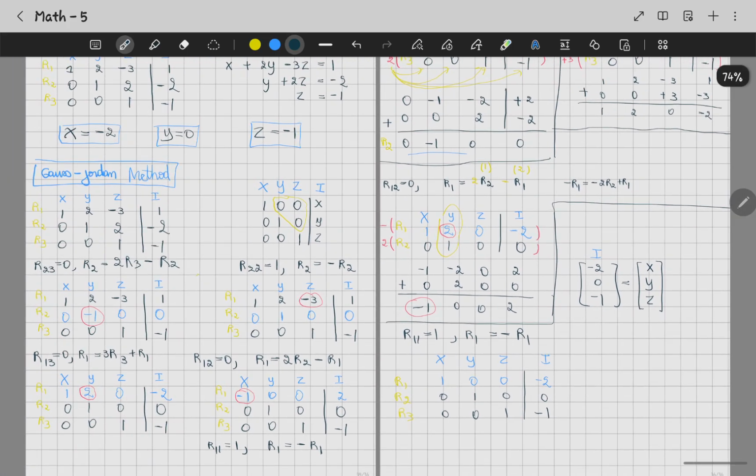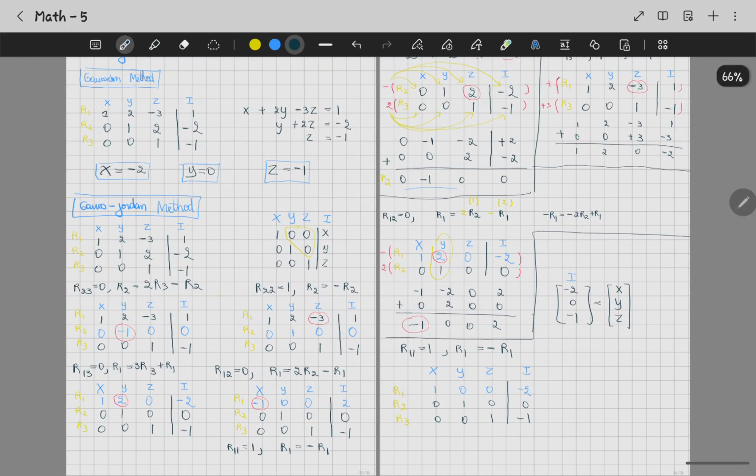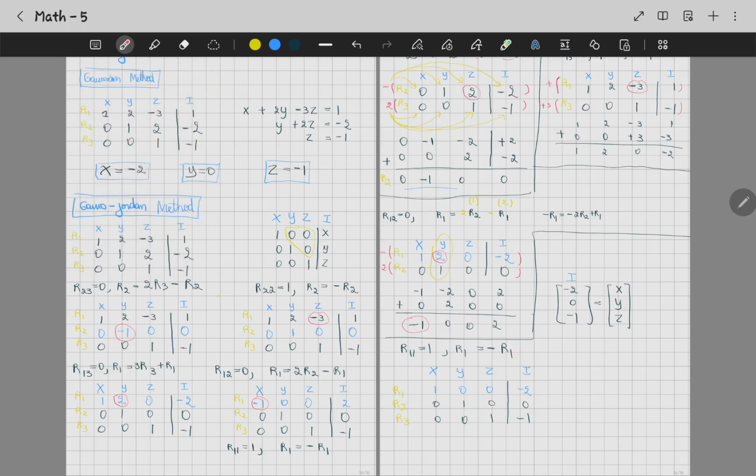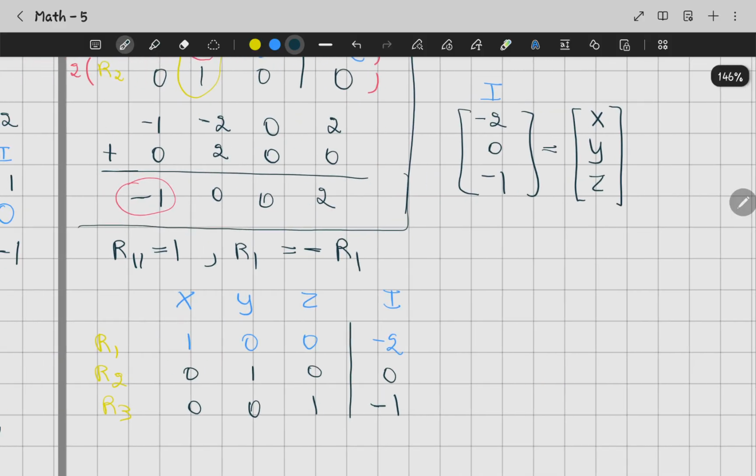So when you use the Gaussian method, you can see that we are actually getting the same answer. If I write it correctly, it will be x equal to -2, y equal to 0, and z equal to -1. That's what you see we got here.